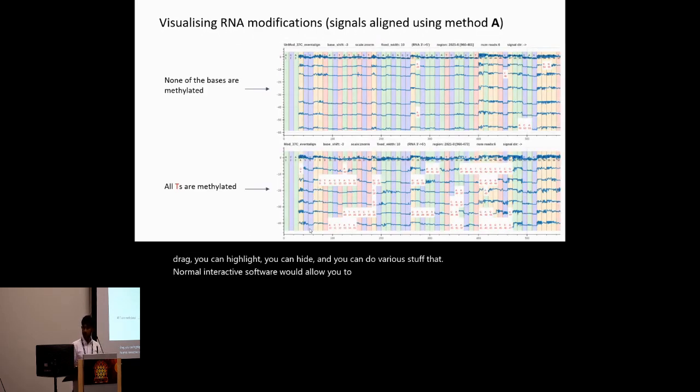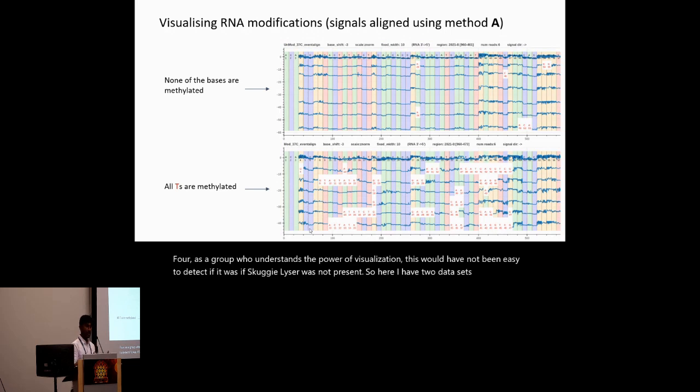This is one of my favorite examples, which I think, as a group who understands the power of visualization, would not have been easy to detect if Squigualiser was not present. Here I have two data sets.